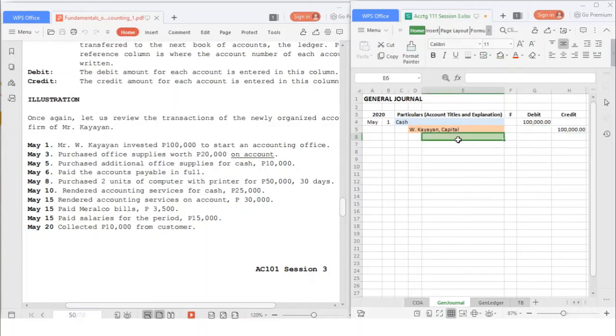Now, the explanation is pwede ra nga Mr. Kayayan's investment. So, muna siya ang imuhang explanation. So, again, as you can see, naka-indent ang imuhang credit, naka-indent pod ang imuhang explanation. Now, let's move on to May 3.